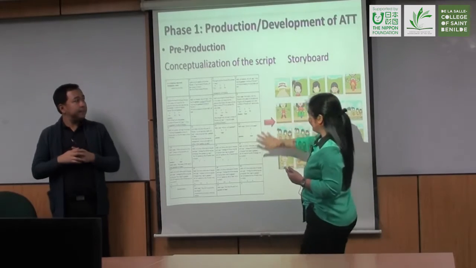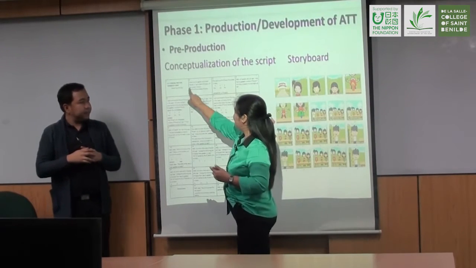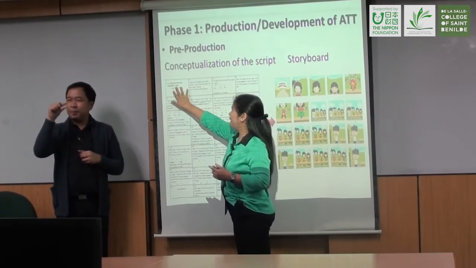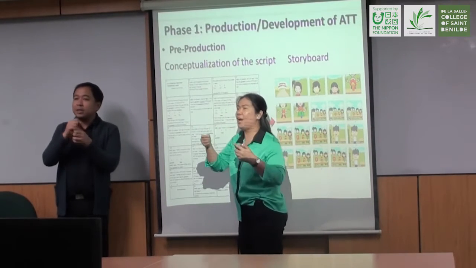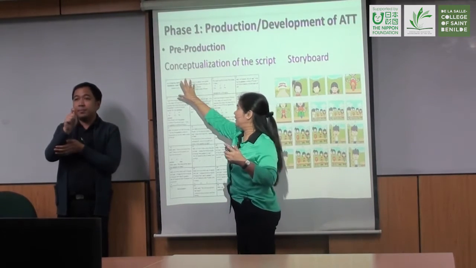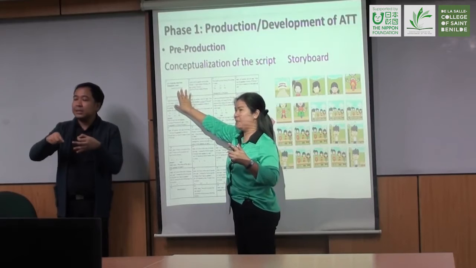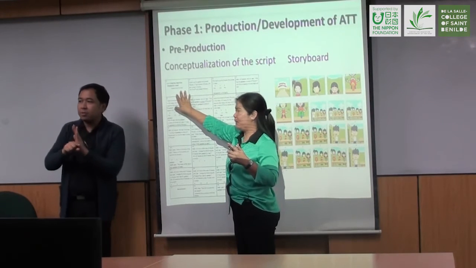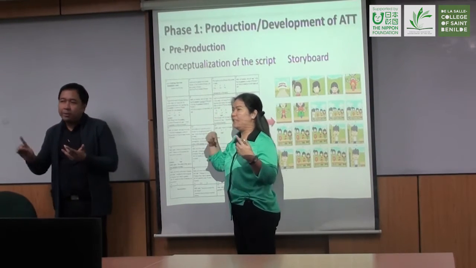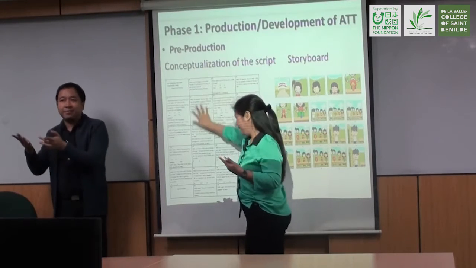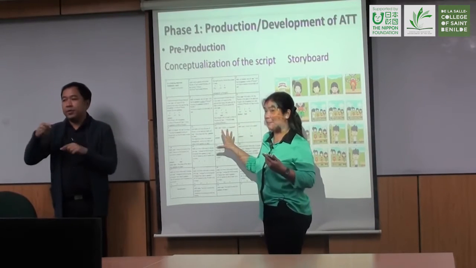Okay, as you can see, I know it's too small, but this is only the script I made for each frame. I describe what needs to happen, what the background will be, what the person will sign. So this is your first step, the script.